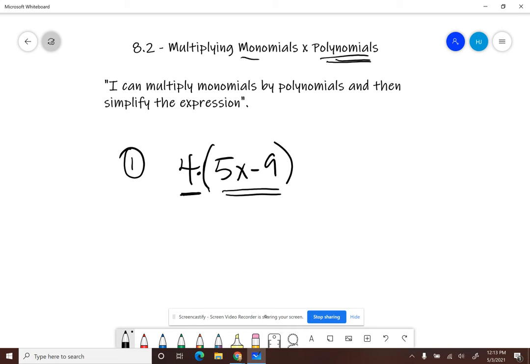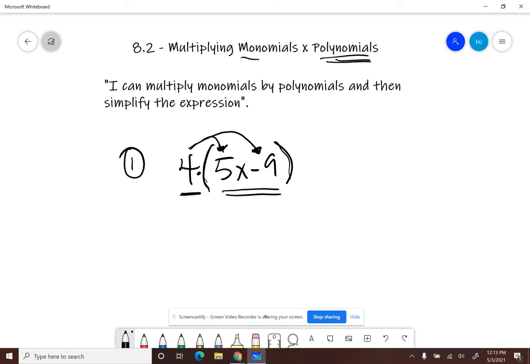Because this is one complete unit within the parentheses, I have to multiply by both. We've seen things like this before, and we know we need the distributive property. I need to multiply this 4 through the 5x, and also through the negative 9.